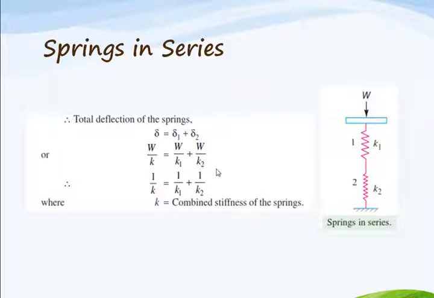The same load W is acting on both the springs, so this W will be cancelled, then we get 1 by K is equal to 1 by K1 plus 1 by K2. This relation you have to use to find the combined stiffness of the springs.